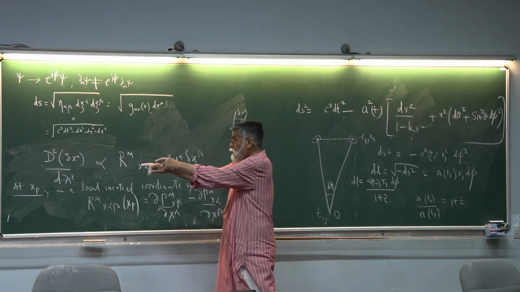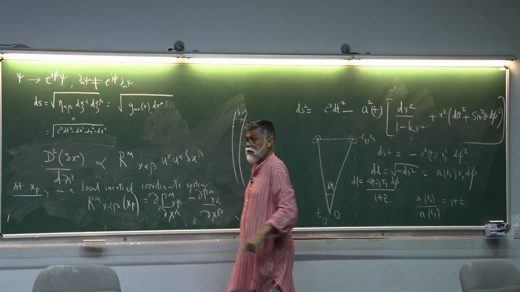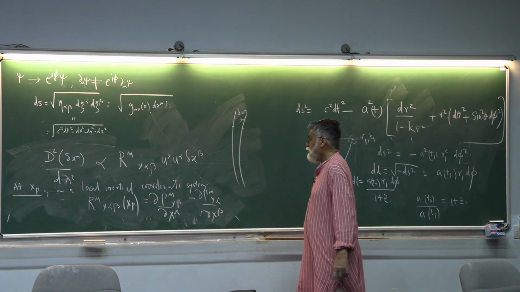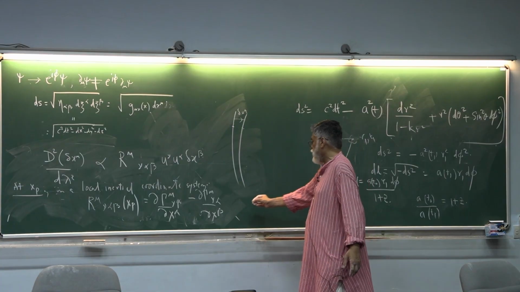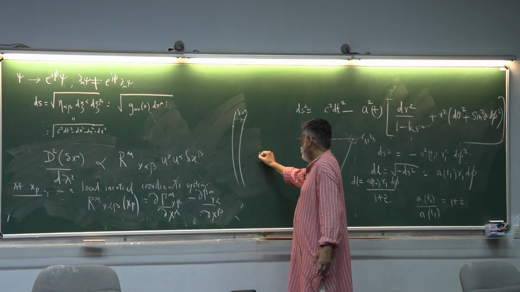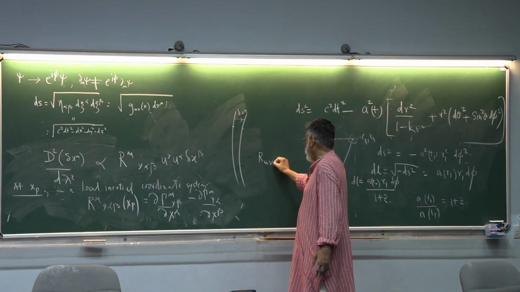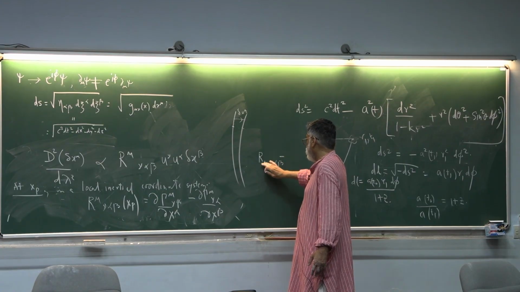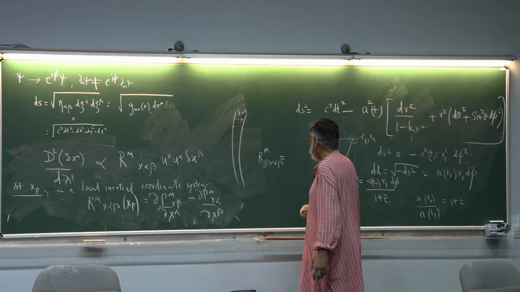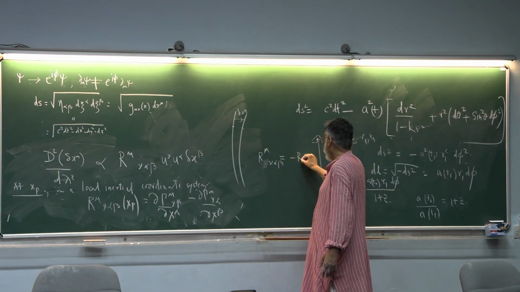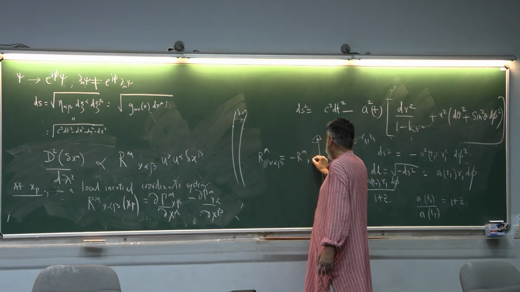The other terms are 0 because you are only calculating at xp. Very easy. So what are the antisymmetry and symmetry properties? You can immediately see that R mu nu alpha beta is simply minus R mu nu beta alpha.